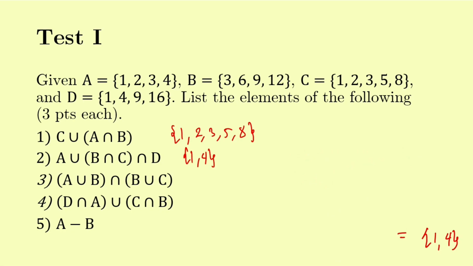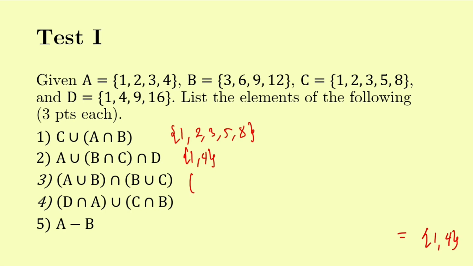Next item, A union B intersection B union C. Okay, we will start with the sets na nasa loob ng parenthesis and then we will perform the operation outside the parenthesis.